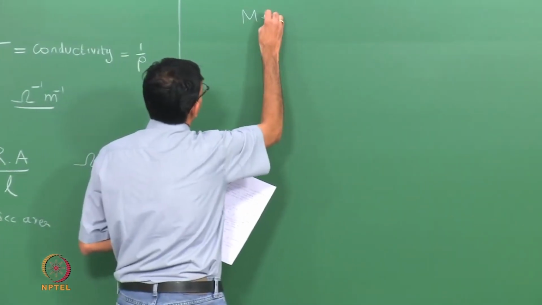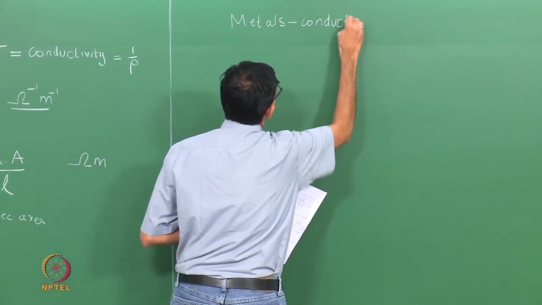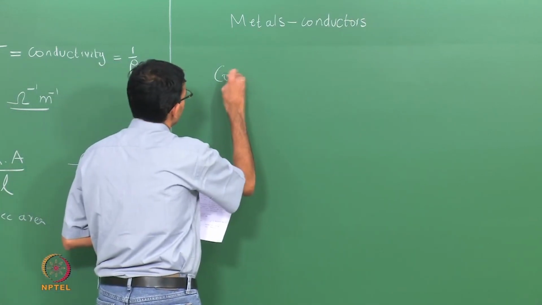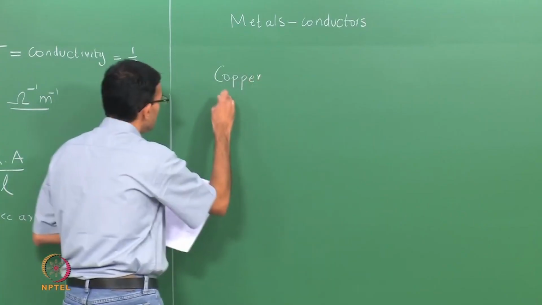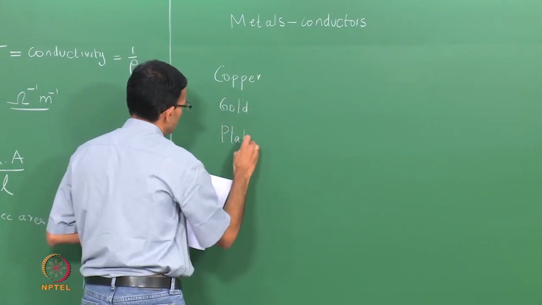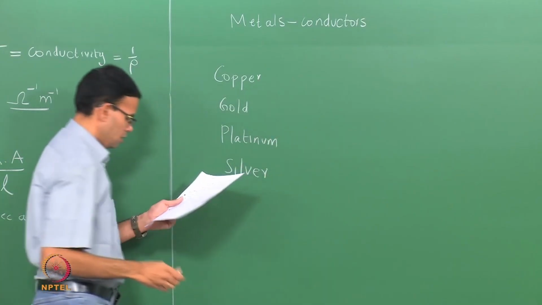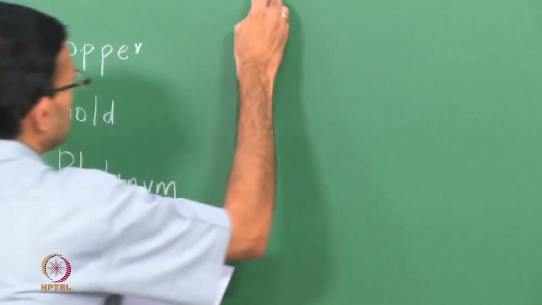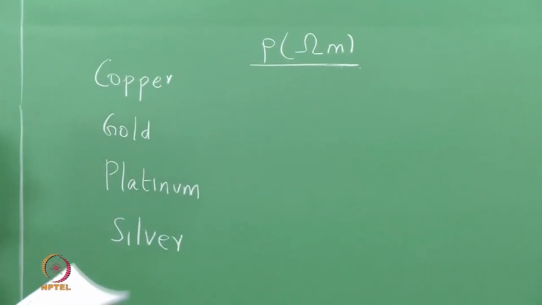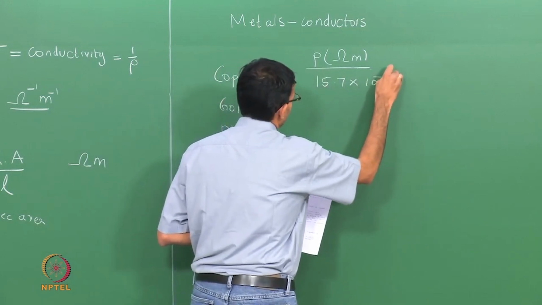Let us start with metals or conductors. Some typical examples of metals: copper, gold, platinum, silver. What are some of their typical resistivities? So, rho unit is ohm meter. In the case of copper, it's 15.7 times 10 to the minus 9.